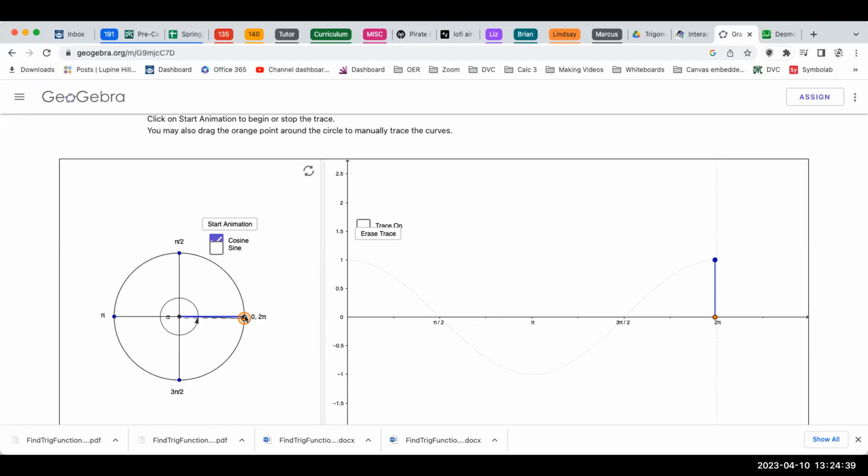We're splitting up 2 pi into 4 pieces. So now here you're looking at the angle x and then cosine of x.